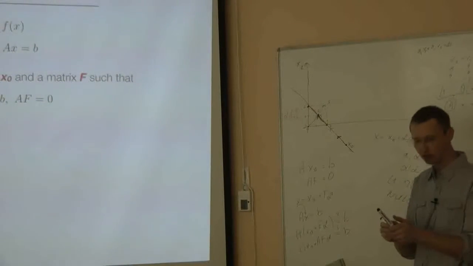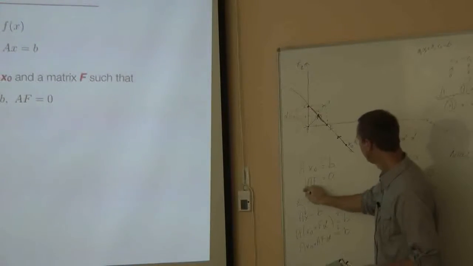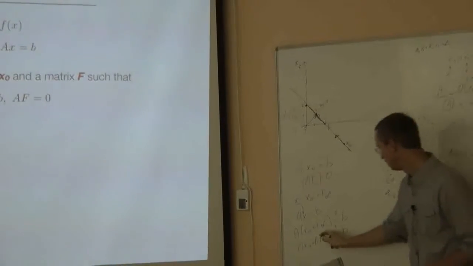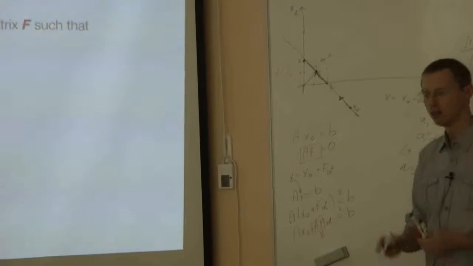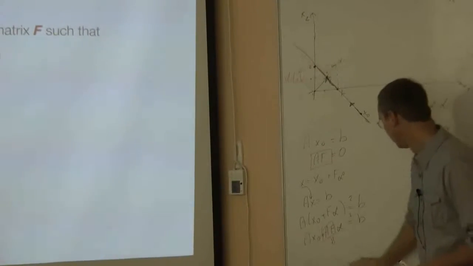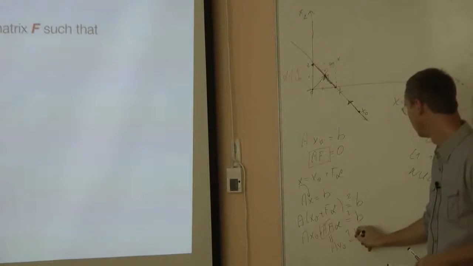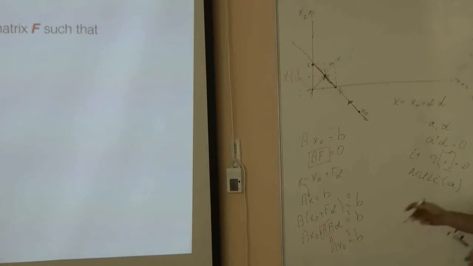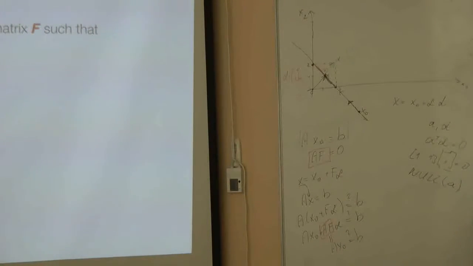And here we use the first property, which says F is designed such that A times F is equal to 0. Meaning this term here is equal to 0. So we are left with checking whether Ax0 is equal to B. But x0 was defined such that it satisfied this constraint.